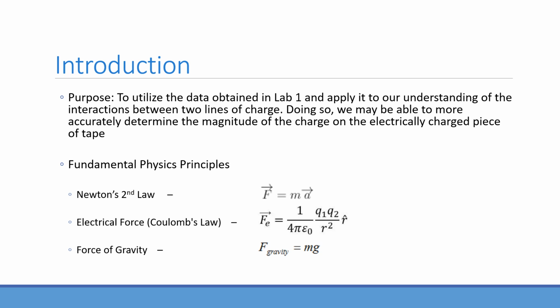So the fundamental physics principles utilized in order to find that magnitude are Newton's second law, the electrical force equation or Coulomb's law, as well as the force of gravity.